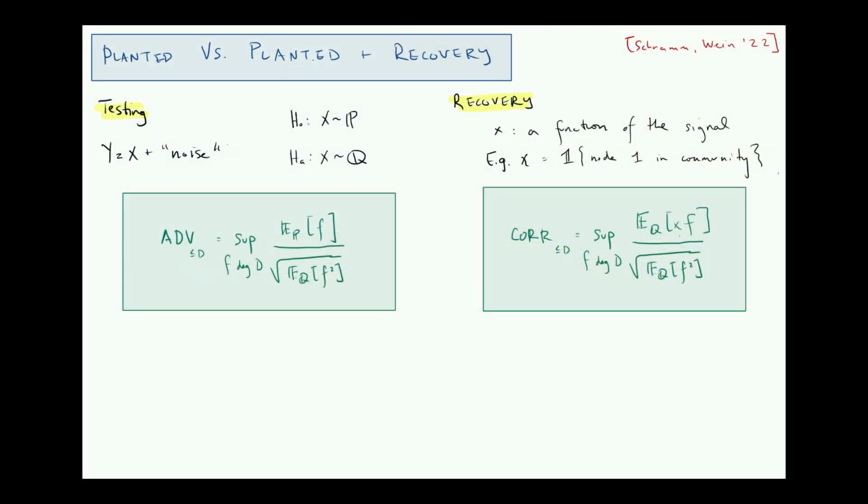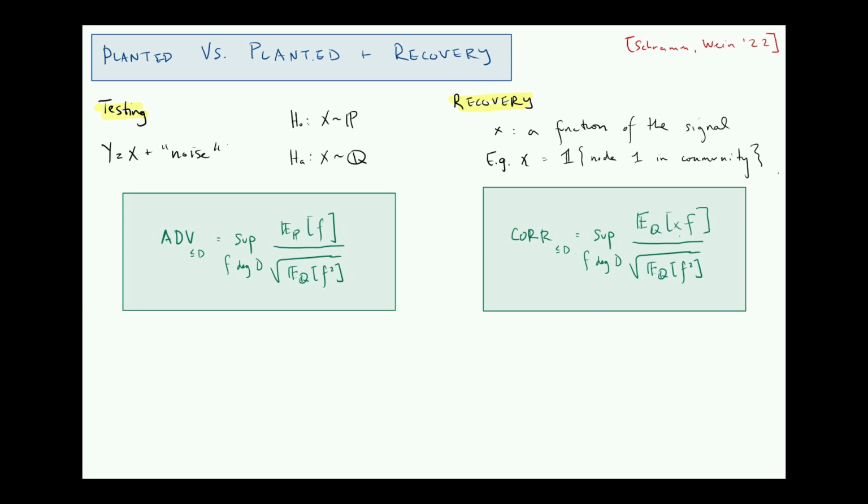So all right, this is the object we were studying, this advantage, where we want to test X in two distributions, test between two distributions for our signal. And Salil and Alex, in their paper, study a similar object that is used for computational hardness of recovery.